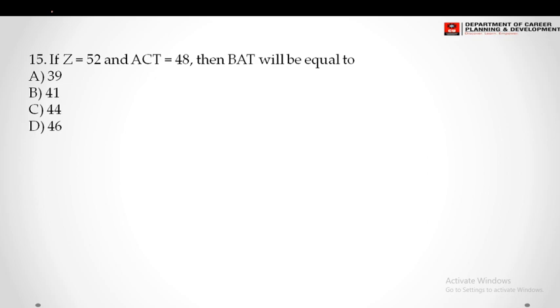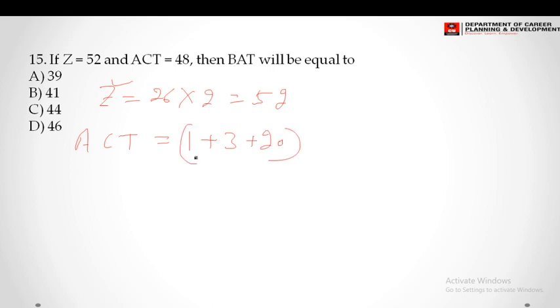But we know that Z is 26, and 26 multiplied by 2 is 52, which means the position of the alphabet multiplied by 2 is the code. Now ACT. A is on first position, then C is on third position, and T is on 20th position. So add these three, then multiply by 2.